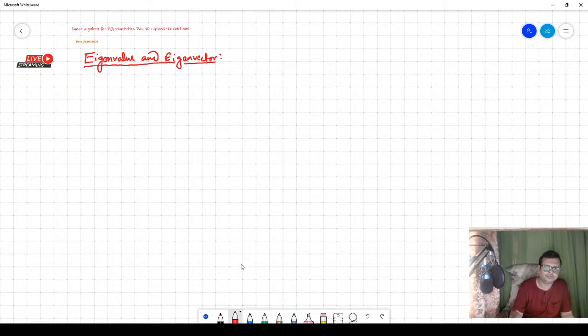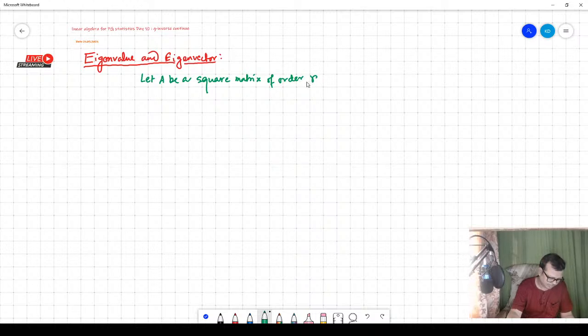Let capital A be a square matrix of order n.